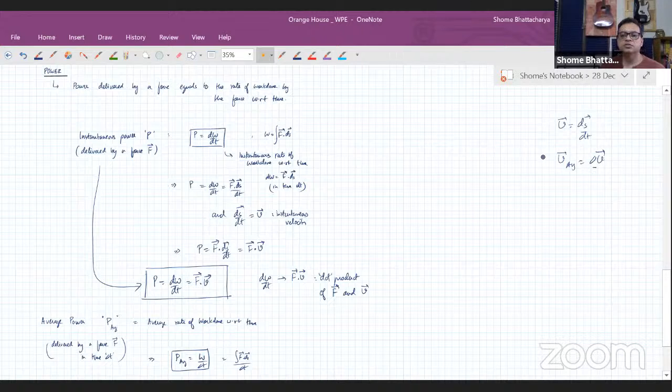Like that you have two separate definitions for instantaneous power and average power. Both are in terms of rate of change, but one is instantaneous rate of change, so you use differentiation for that, and the other is average rate of change, so you use total work done upon total time.